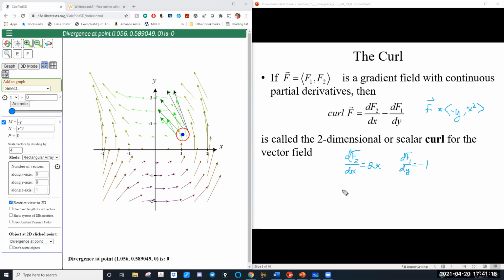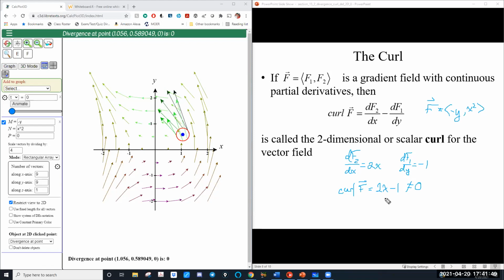So our curl of f would be 2x minus 1. Notice it's not equal to 0, so this is not a conservative vector field, which is fine. But this is what our curl would be. And now we can evaluate that curl at any given point by plugging in the point in the xy plane.